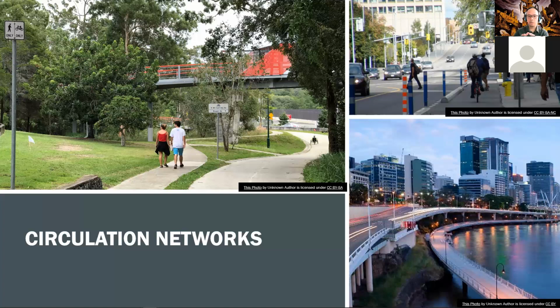So key design attributes for circulation networks, other than providing as many choices as possible in a transportation or circulation network system, include high levels of street connectivity, short blocks, and medium density, mixed use development that is accessible to high quality transit service, if such transit service exists.